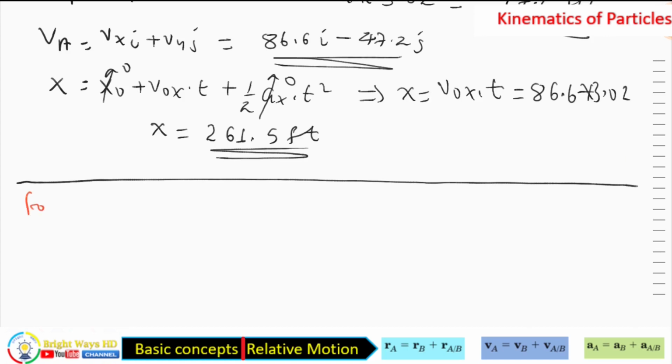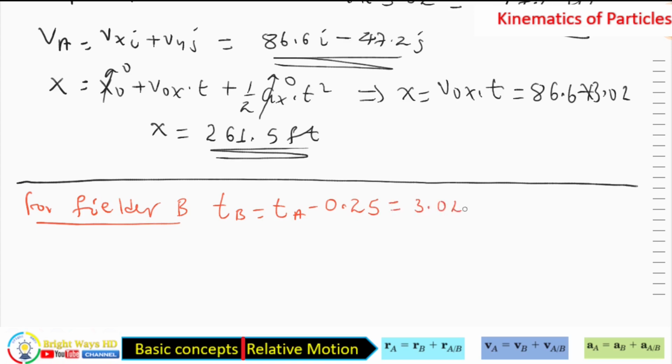And then what about fielder B? Now for fielder B, we know that tB is equal to tA minus 1/4, which means 0.25, which is equal to 3.02 minus 0.25, and then it will become 2.77 seconds.